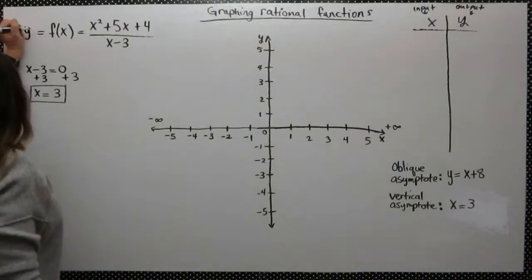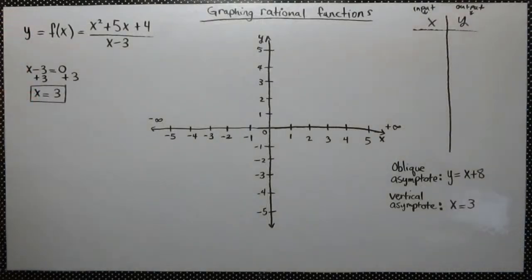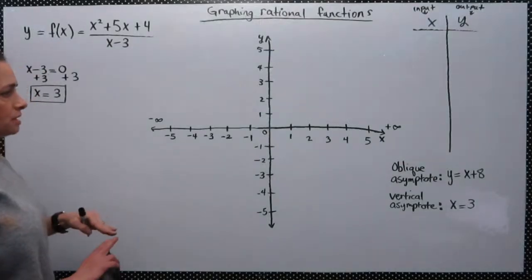Y equals f of x. Any relation can be called y equals, so it's how y relates to x. When you use function notation, what you're stating is it's actually a function.